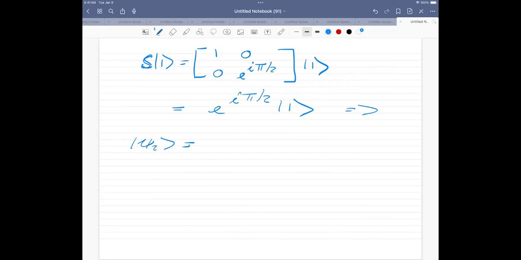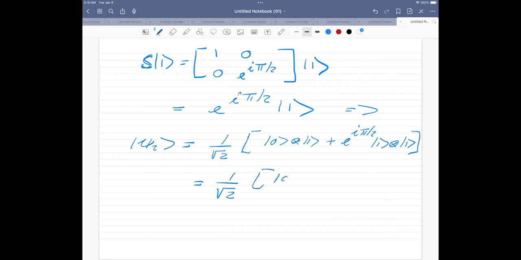So the state psi 2, which I have here, is then given by 1 over square root of 2, and then I have a state 0 tensor product with 1 plus, and since this is just a constant, or it just becomes an e to the i pi half, it could actually have acted on the first qubit. And we would often rewrite this in terms of 1 over square root of 2 of 0, 0 plus, and this is the compact notation, i pi half of 1, 1.